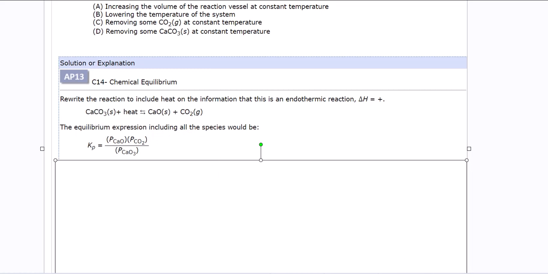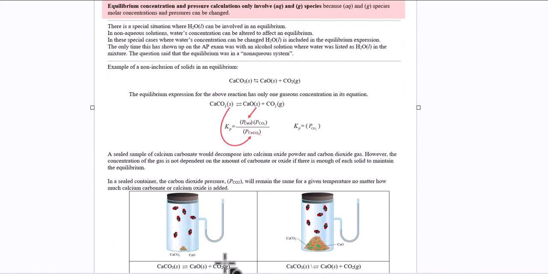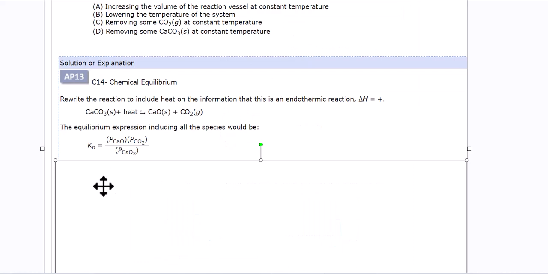So we imagine a container, and we've got carbon dioxide, calcium carbonate, and calcium oxide. Now back to our question, and by now I hope you should be saying, oh, wrong, wrong, wrong, because this seems sort of silly, having a pressure of this solid, and it's a pure substance.